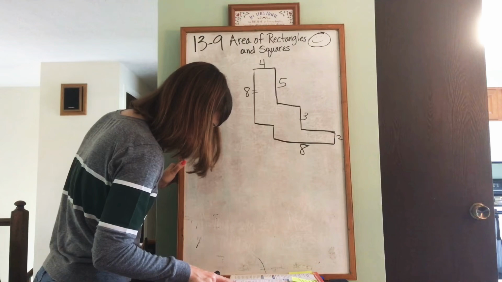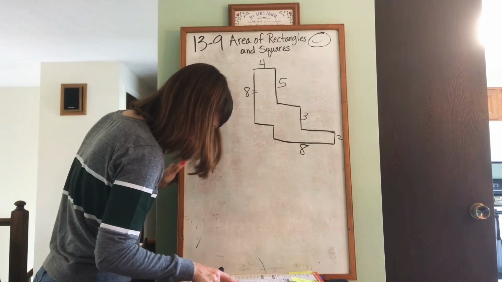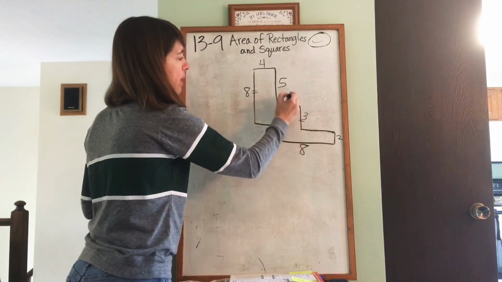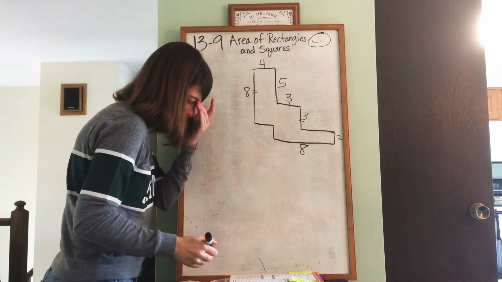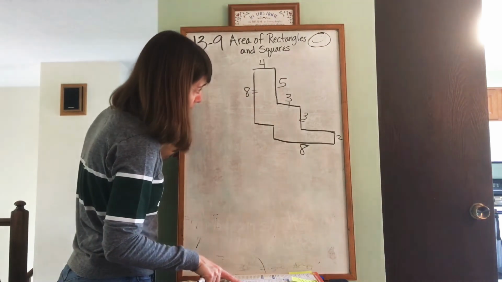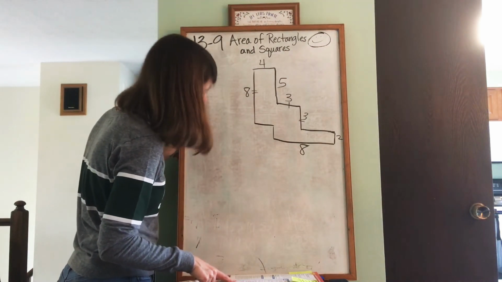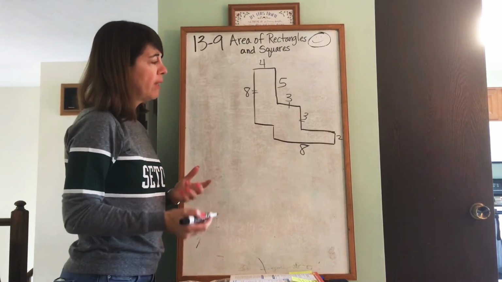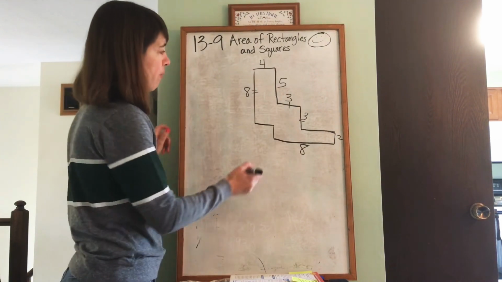Let's see, what else do we have? Oh no, we've got one more over here. So 3 was labeled with 1 dash, and so that makes this a 3 as well. And then I think that's all of them. Let me just double check my work. Yes. Okay, so what we have to do here is break this up into 3 separate figures.